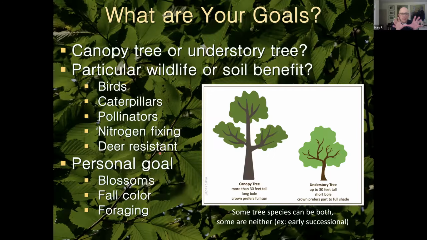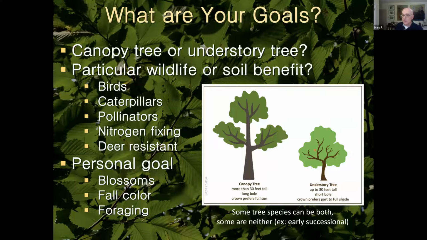So within that set of trees that are native to your part of your ecosystem, which you can find by looking at the county, then what are your goals? Are you trying to get a canopy tree, like a really tall tree, or maybe an understory tree, a shorter tree? A canopy tree is usually a taller tree whose crown prefers full sun, so it's striving for that sun, usually more than 30 feet tall with a long bole, that part without lower branches.